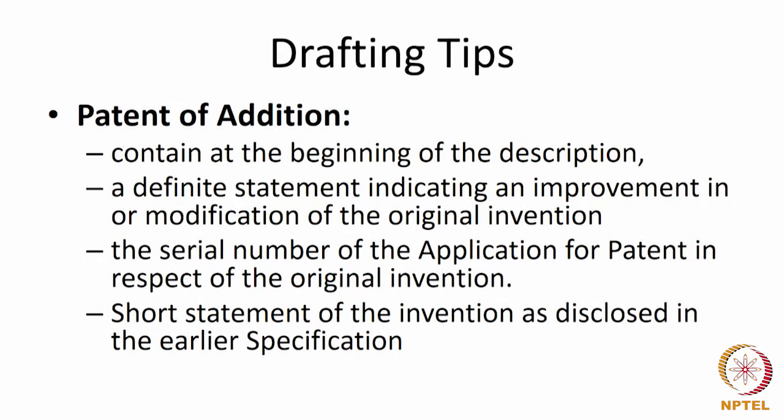So, there has to be a cross reference to the earlier patent: the kind of improvement that this patent has made, the serial number of the earlier application, and a short statement of the invention covered in the earlier application. When you are following up one invention filed in a patent specification with another improvement or modification, then you have to cross refer to the earlier invention. So, this is a part of drafting where you will have to incorporate the changes in the descriptive part.